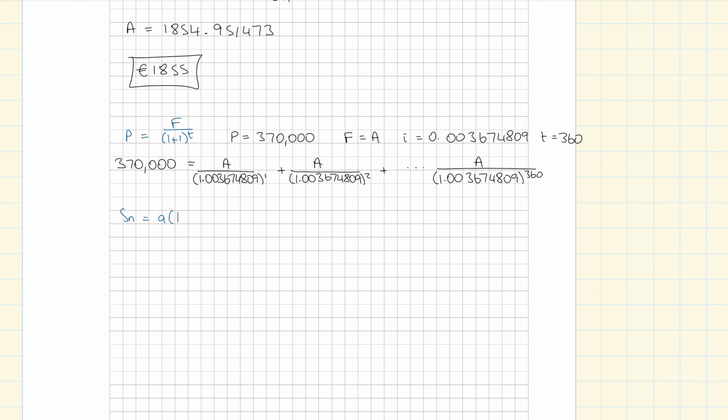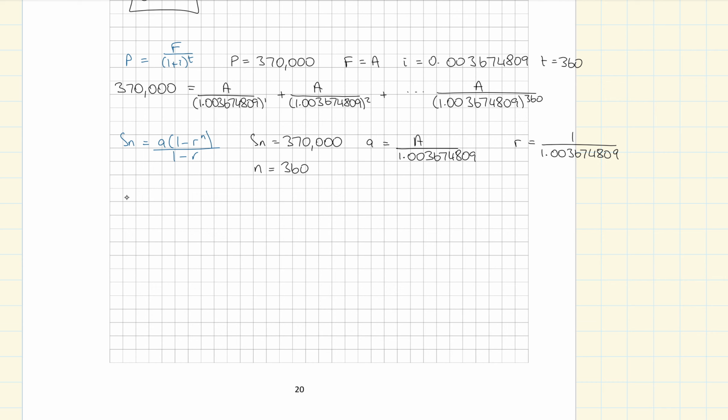So that's a times 1 minus r to the power of n all over 1 minus r. Sum to n is 370,000. The initial term a is A over 1.003674809, and r is 1 over the interest rate. And n we know is 360.